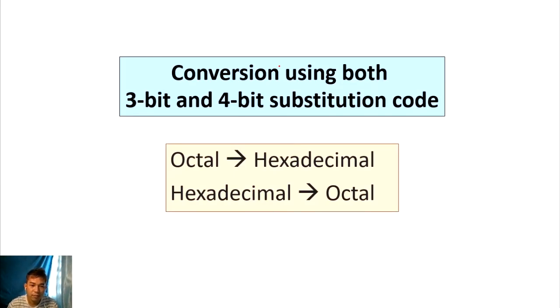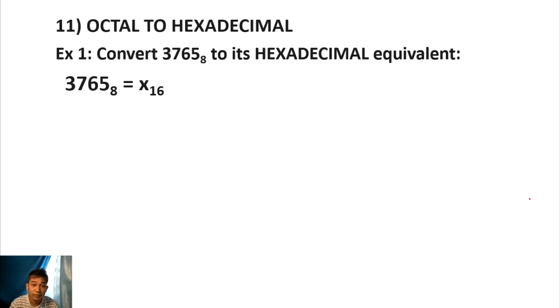And now we have octal to hexadecimal and hexadecimal to octal. With these conversions, we will use the 3-bit and 4-bit substitution codes. For octal to hexadecimal, let's convert the octal number 3765 to its hexadecimal equivalent.